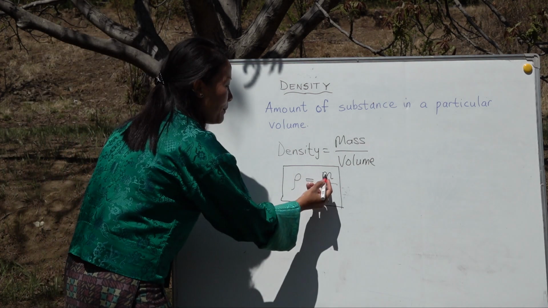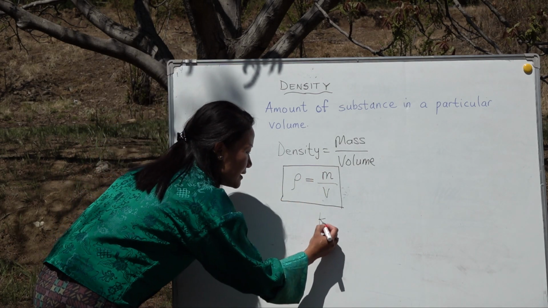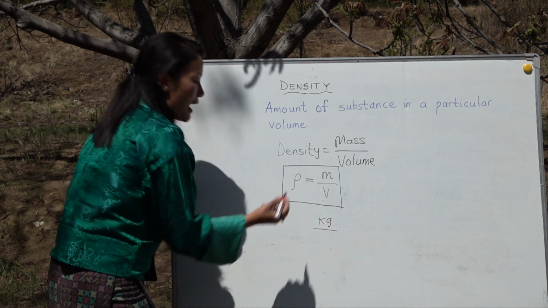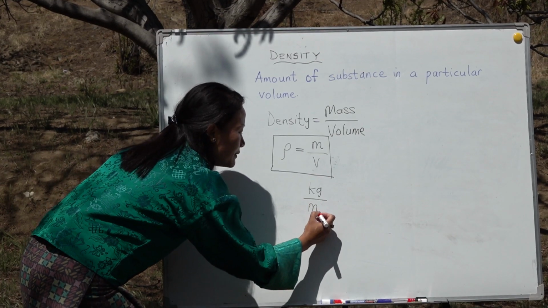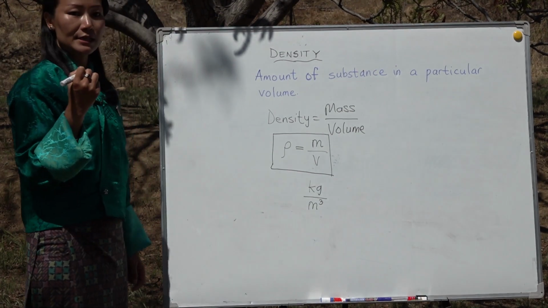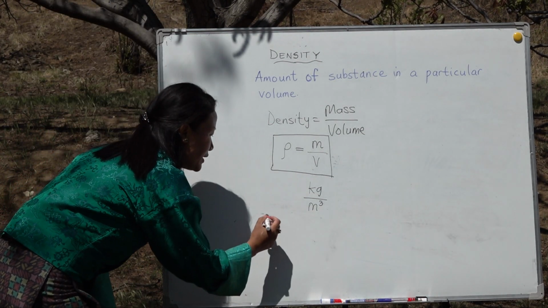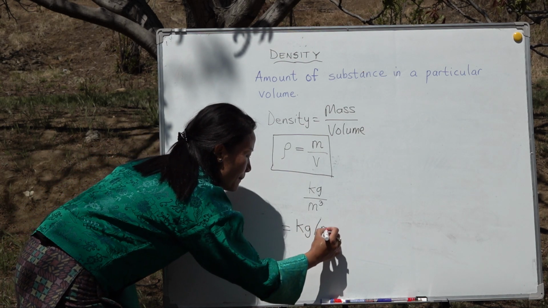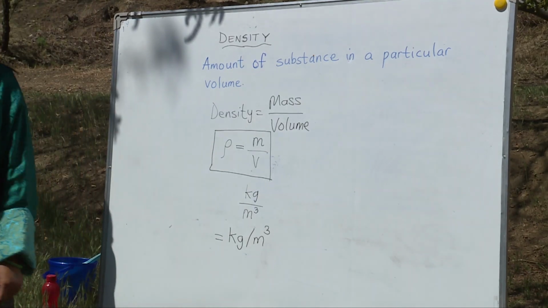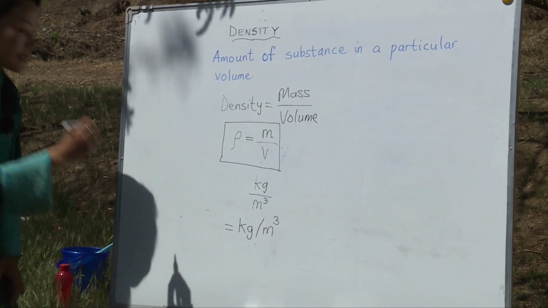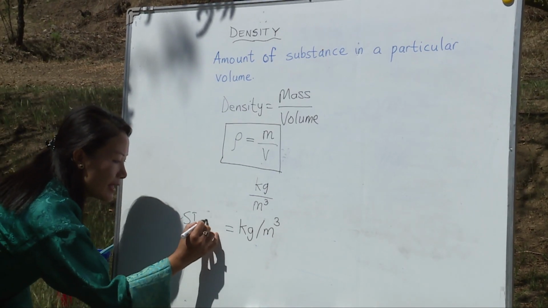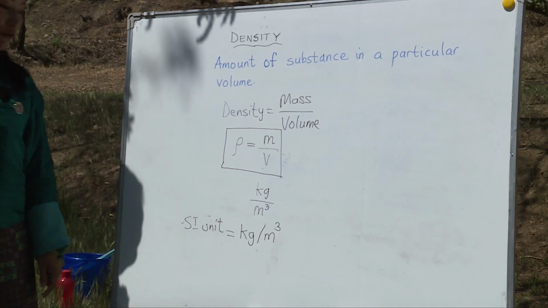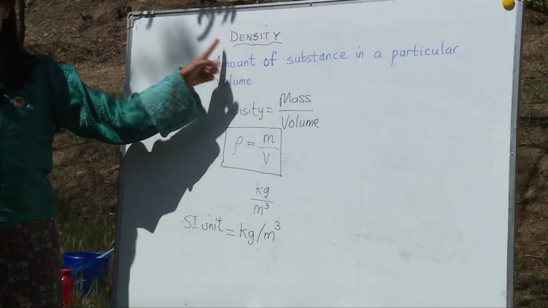Now, if you measure the mass in kilogram and volume in cubic meter, then we get the unit for density as kilogram per cubic meter, and this is the SI unit for density.